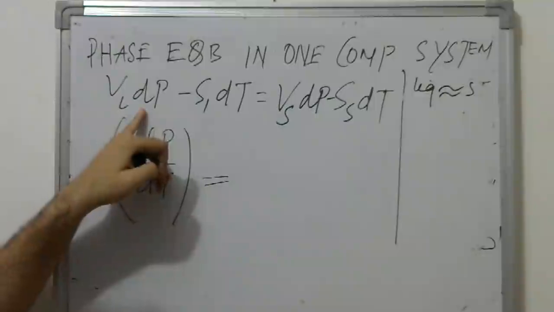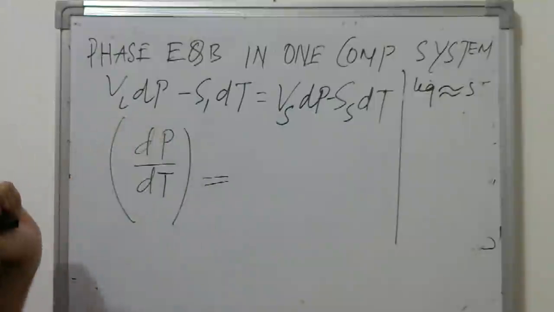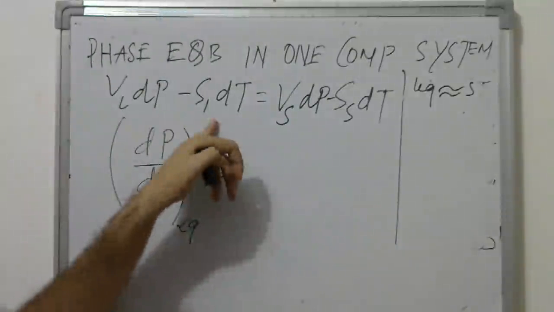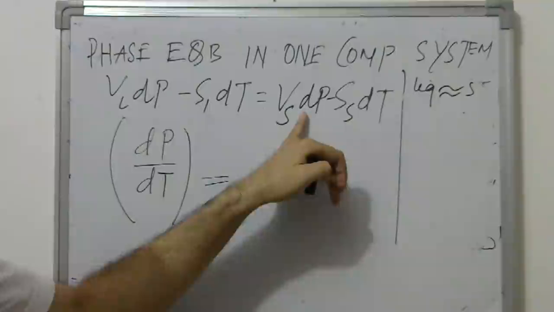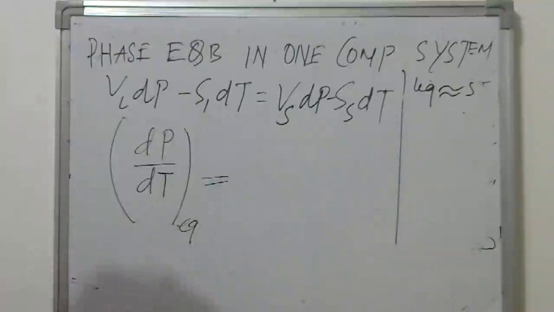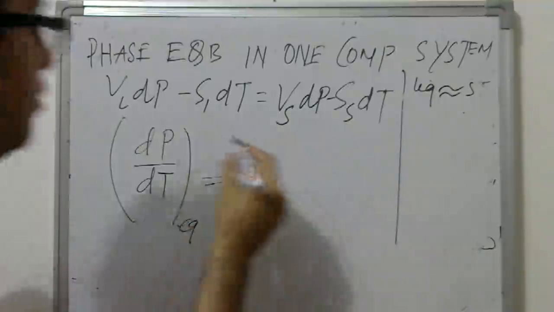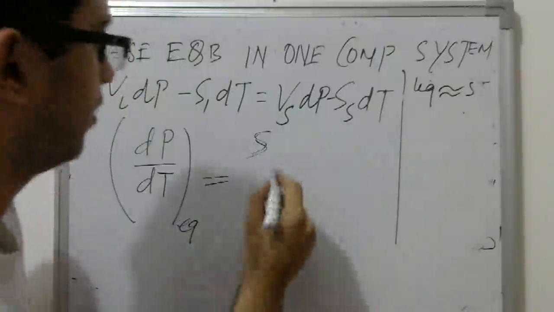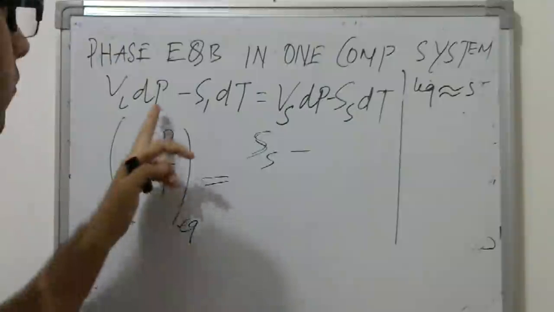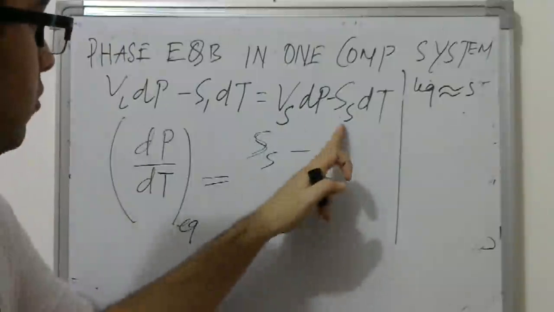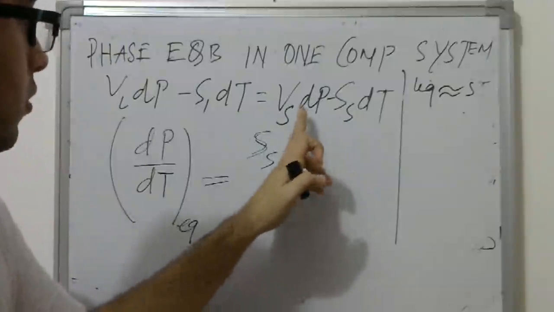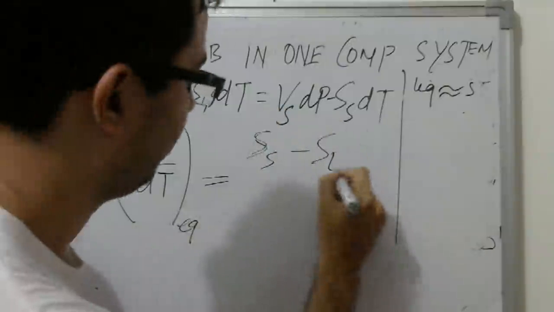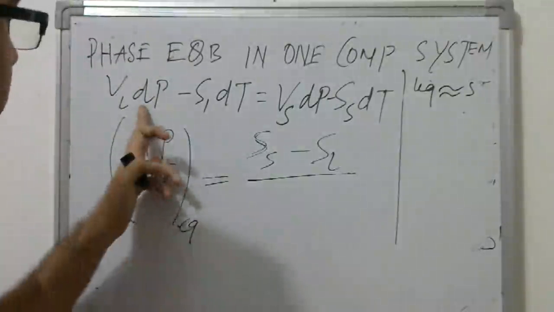If I talk about dP/dT at equilibrium, minus S liquid dP, let's say dP here, I will have S, entropy of solid, minus entropy of liquid, divided by the pressure term.